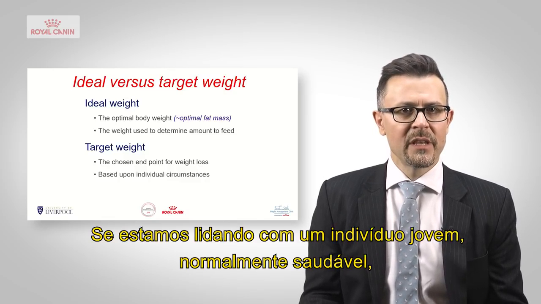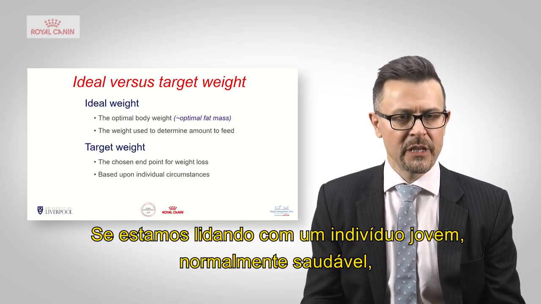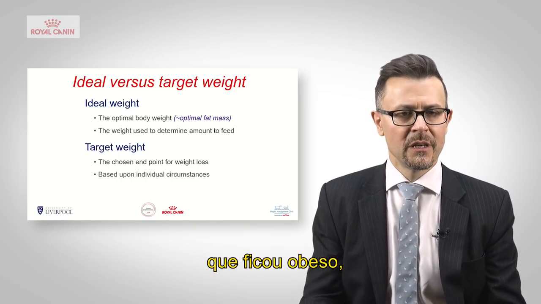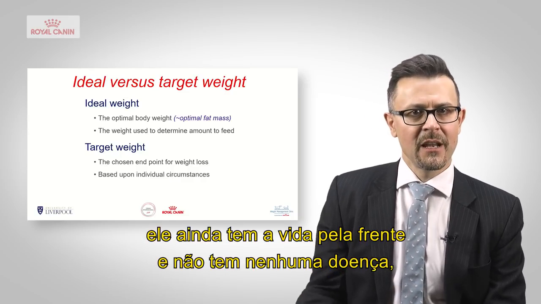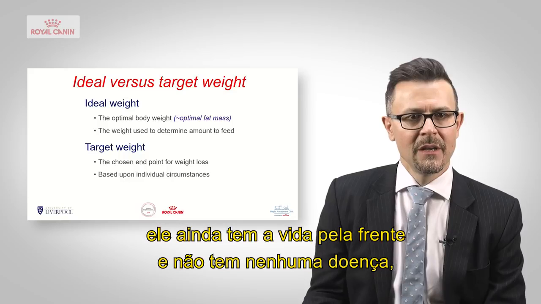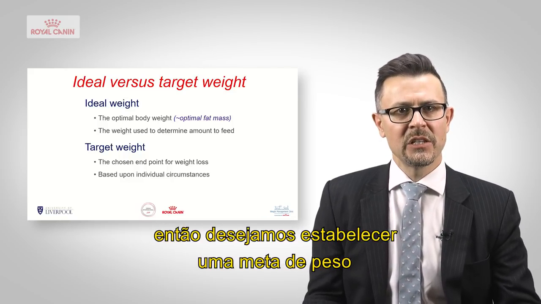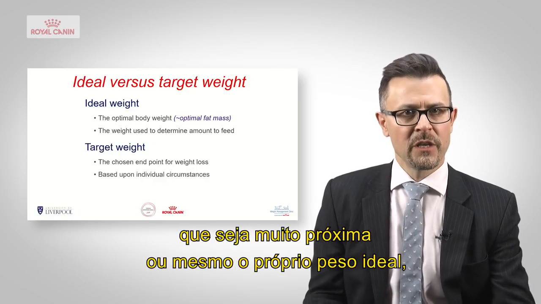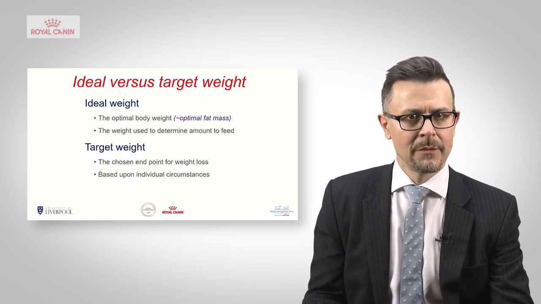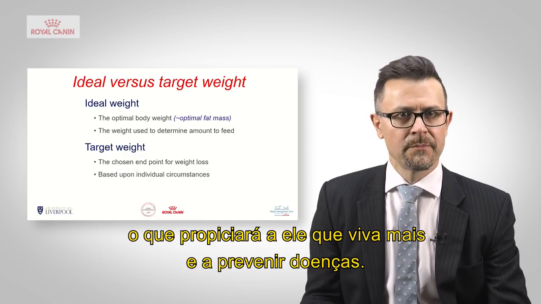If we're dealing with a young, fit, otherwise healthy individual who's got obesity, they have most of their life still to live and they don't have any diseases. So we may wish to set a target which is very close to or at the ideal weight. And that might enable them to live longer and prevent disease.